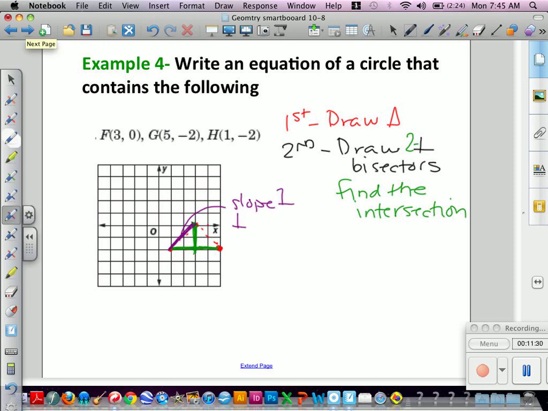So then I need my perpendicular bisector line, which is going to be a slope of -1. So they're going to intersect right there. So that's going to find my intersection point. So this is going to be now your center point, people. This is your center.